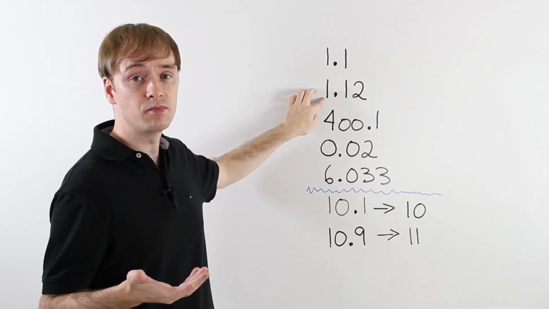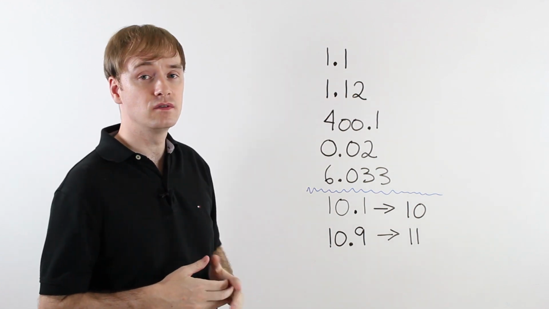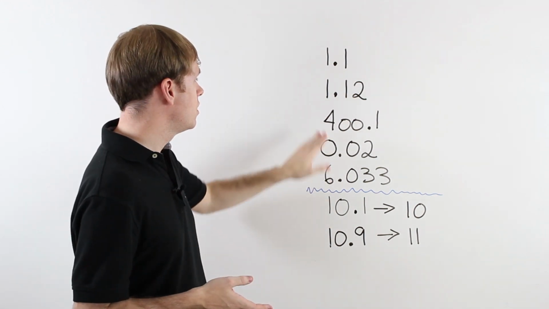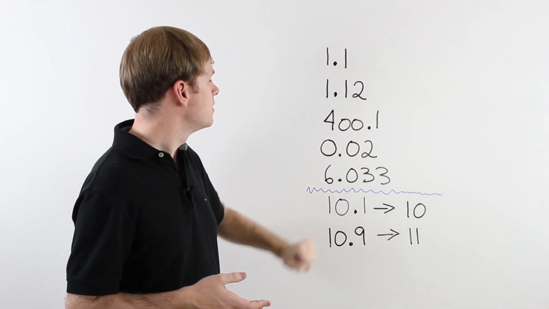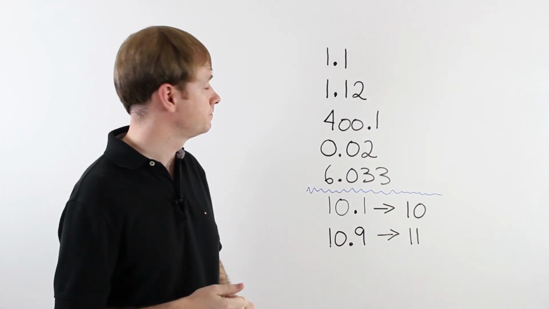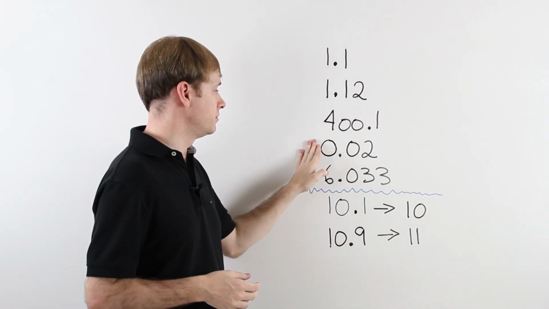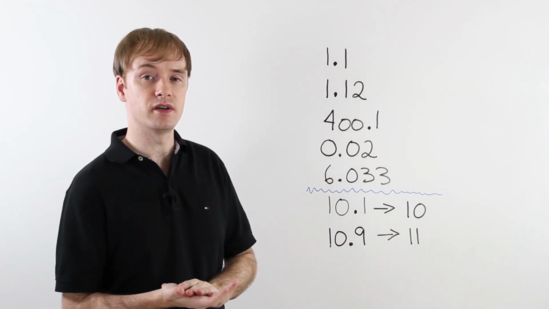The next number. We could actually express this number 2 ways. 1.12, or 1.12. The next number, 400.1. Easy. The next number starts with a 0. Again, there's 2 ways to express this.